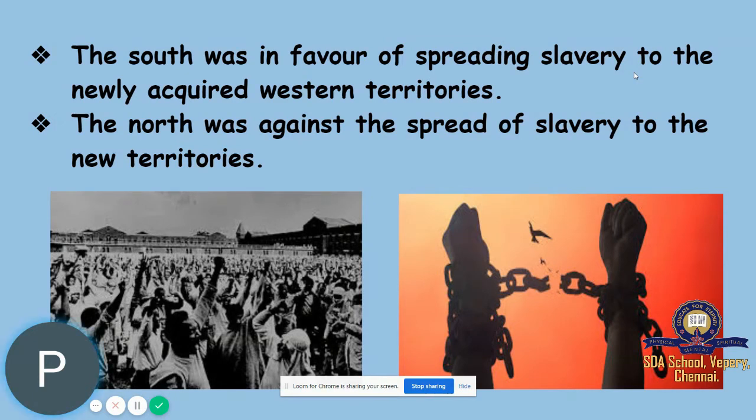On the left side picture, you can see they are protesting against slavery.